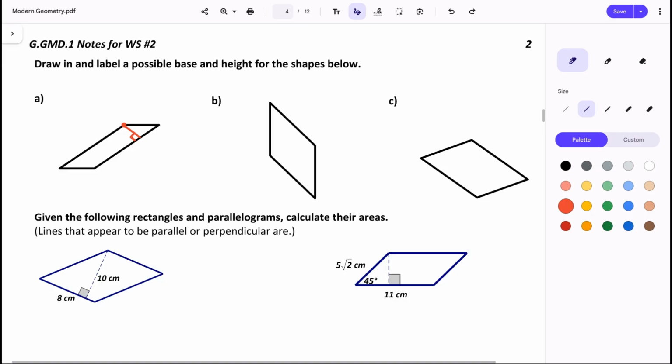Make sure that there's a 90-degree angle box labeled on your height. Okay, why don't you look at someone at your table, see their heights, and see if you agree with what they drew.